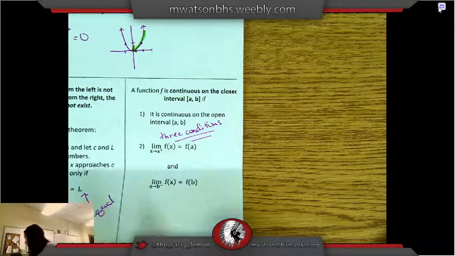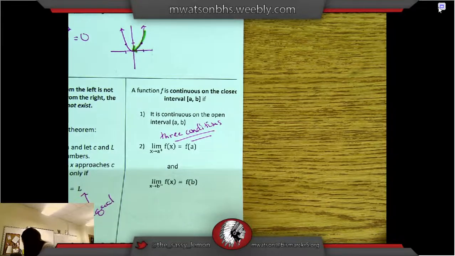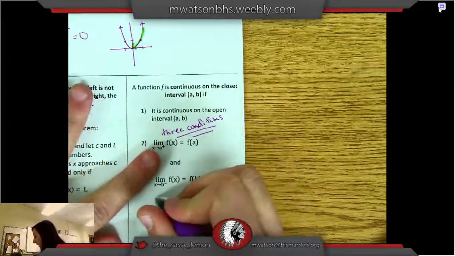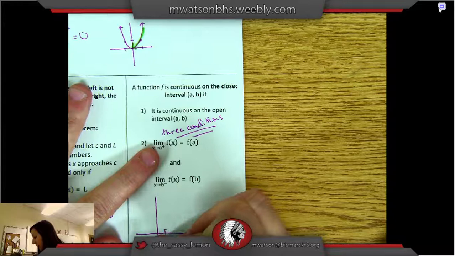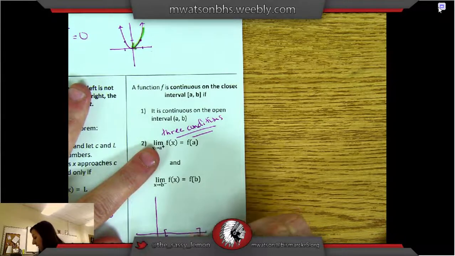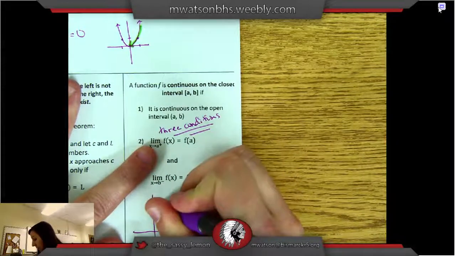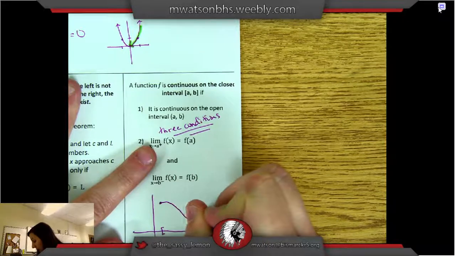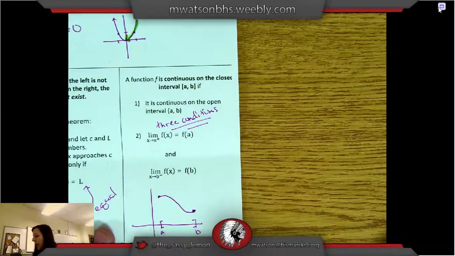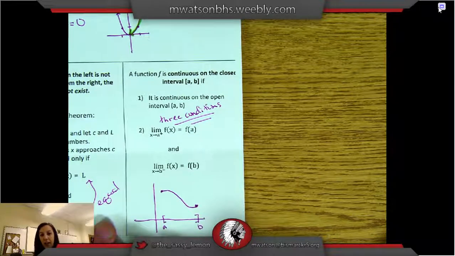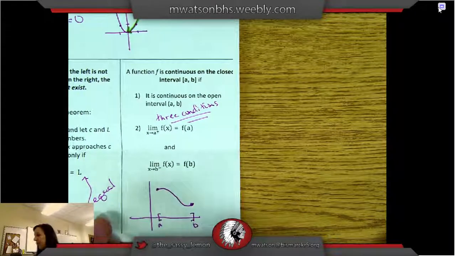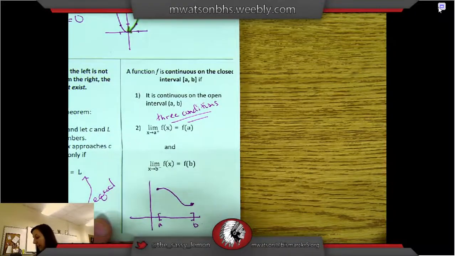And an example of that, like in graphic form, would be right here. So say we have A and B. We go from this point down to this point. So you can see that there's no jumps or gaps or anything. So we can see very visually that this is continuous.